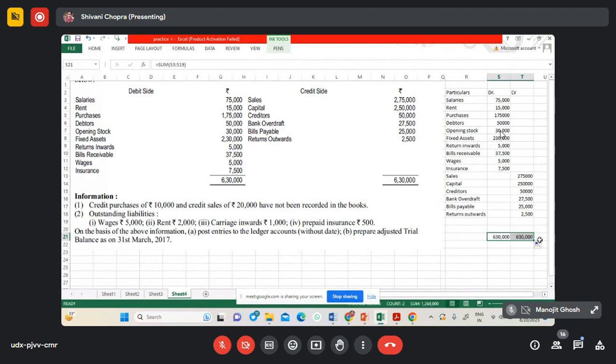Now we have it here. Credit purchases of 10,000 and credit sales of 20,000 have not been recorded in the books. What would we do? Credit purchases of 10,000, an entry has not been recorded at all. What would be your answer to that?